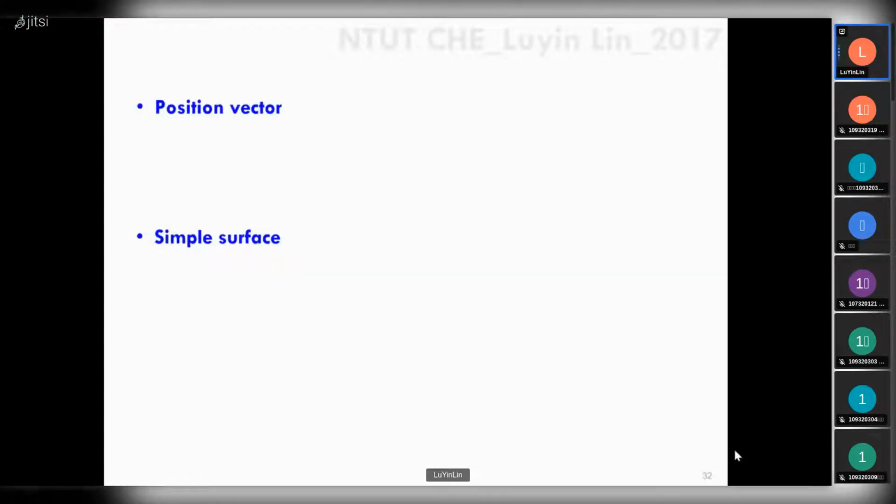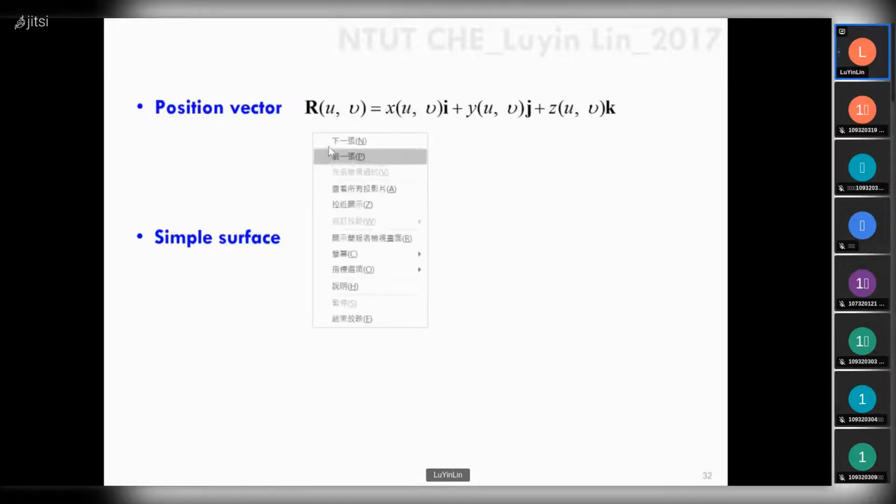Next, what is the position vector? You can compare it with the line integral every time. For the position vector, it is very similar. You can put an arrow here, because it is a vector. Put an arrow at the top of R and also on i, j, k.